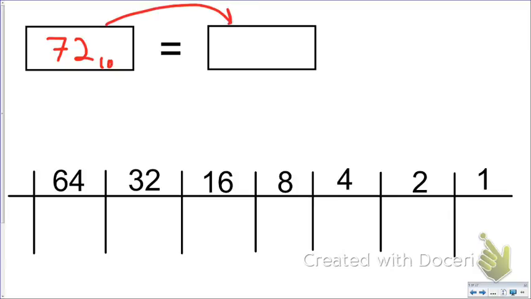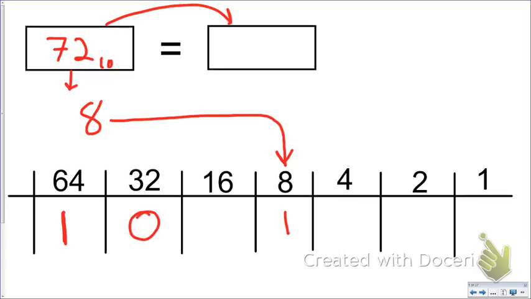The first thing I need you to understand is that there's one single group of 64. That's going to be nice, okay? One single group of 64, so I know that's there for sure. After that, I've got 72, take away 64, leaves me with 8. That's actually quite nice. That group of 8 can be placed right there, that last group of 8.